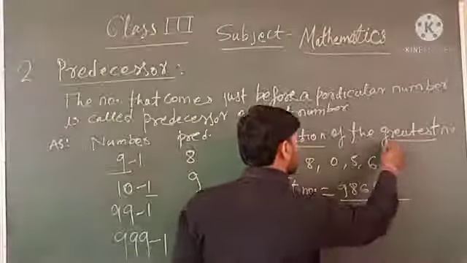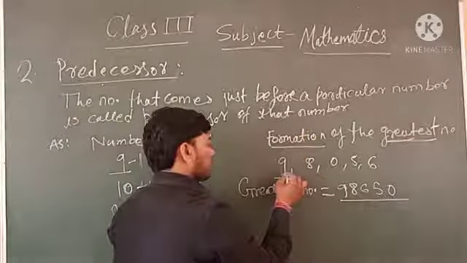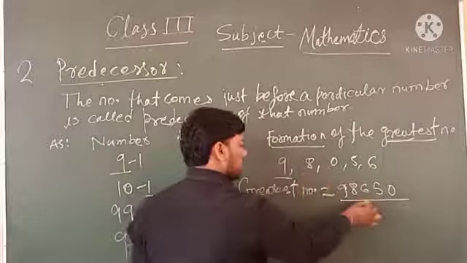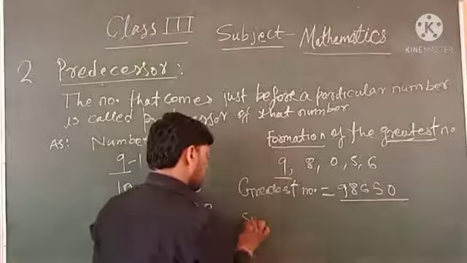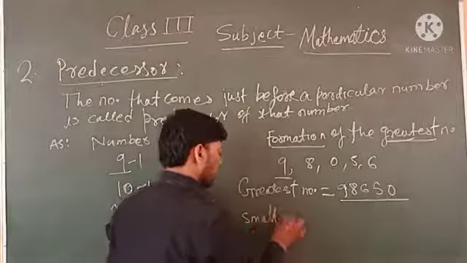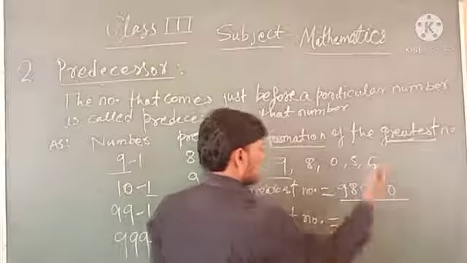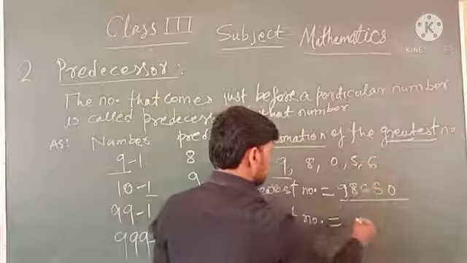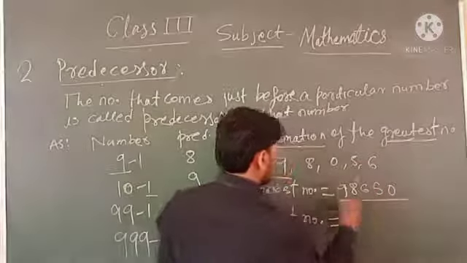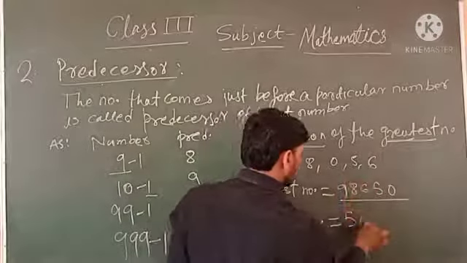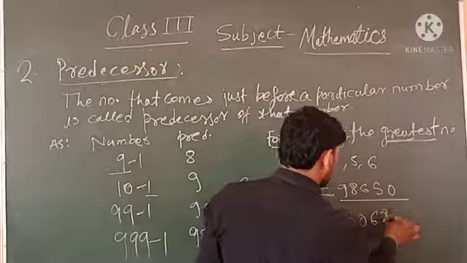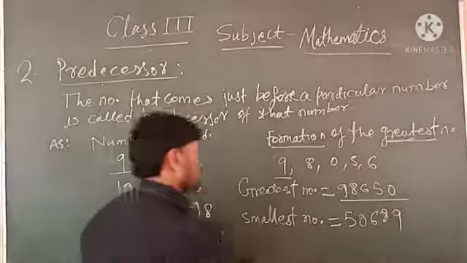To write the greatest number, we arrange the digits in decreasing order, and to write the smallest number, we arrange the digits in increasing order. So first write 5, then 0, 6, 8, 9.